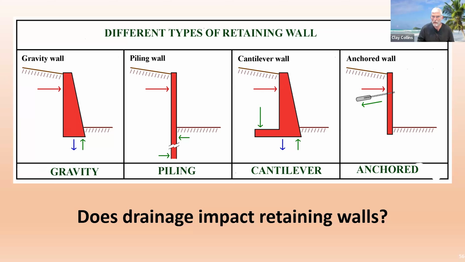All of that soil is dropping down on the cantilever, which is holding it down to keep it from tilting. That's what's holding it in place, the weight on that cantilevered part. And then the anchored wall is where it's actually got anchors driven back 12 feet or so, and it's that anchor that's keeping it from leaning forward.